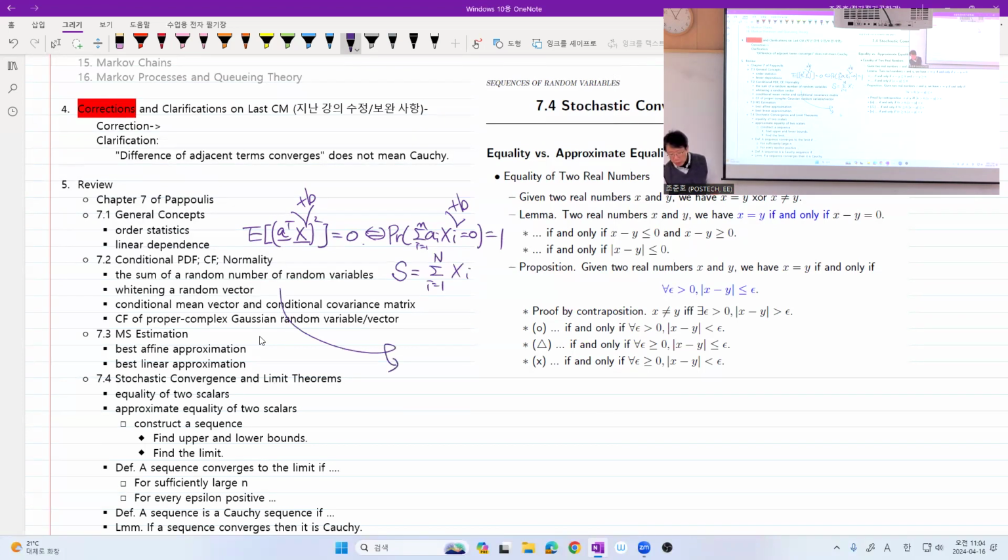So here you have some random vector that has mean mu sub x and covariance matrix CXX.